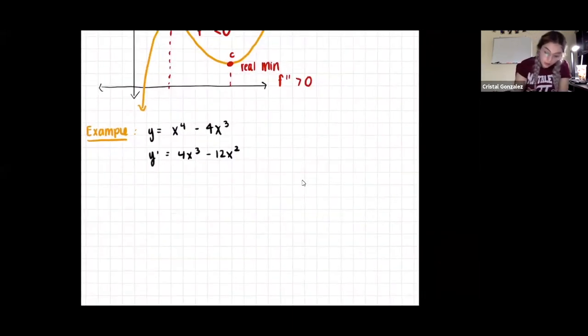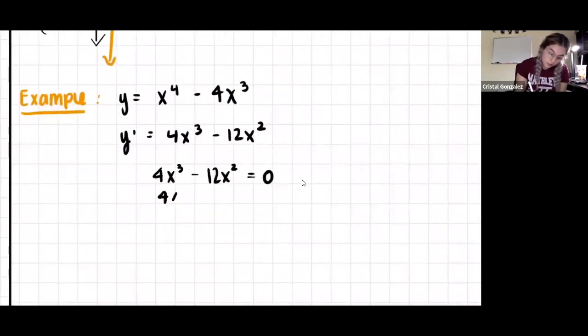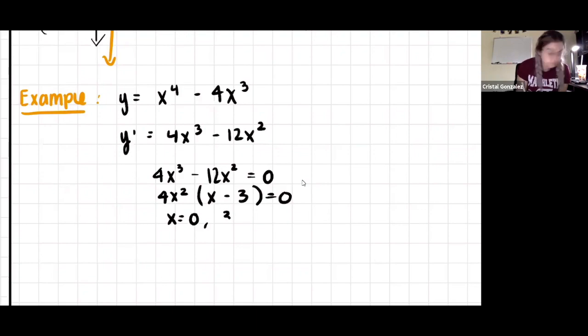So let's go ahead and take this and set it equal to 0. We get 4x cubed minus 12x squared equals 0. We can easily factor out a 4x squared, and we are left with x minus 3 equals 0. So that means our critical points are actually 0 and 3.